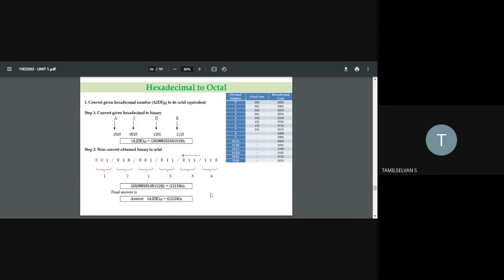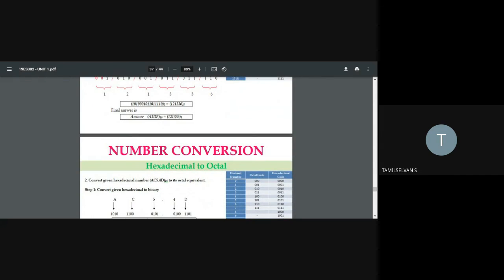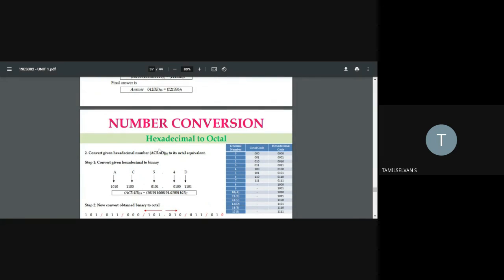Okay, so next I can move to another example for the hexadecimal to octal conversion. First we have to convert this hexadecimal value into a binary value. That binary value is then converted into an octal value as in our previous logic.